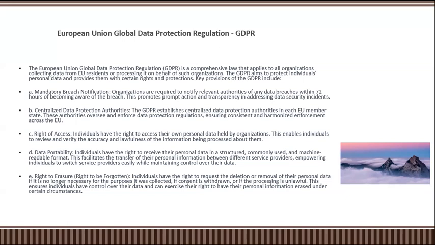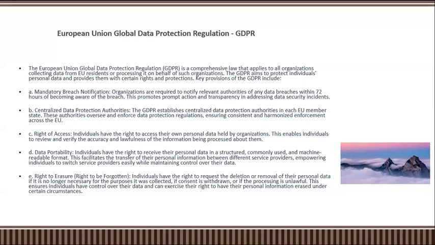Key provisions of GDPR include mandatory breach notification. Organizations are required to notify relevant authorities of any data breaches within 72 hours of becoming aware of the breach. This promotes prompt action and transparency in addressing data security incidents.